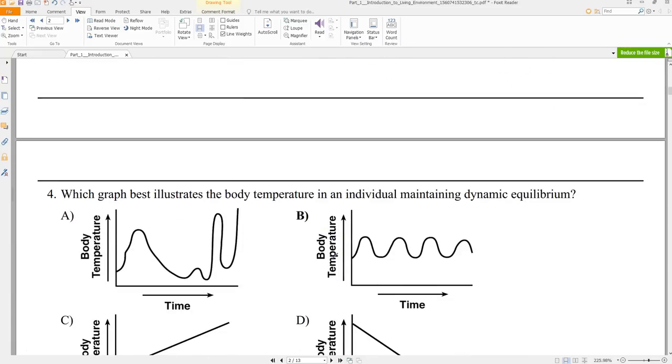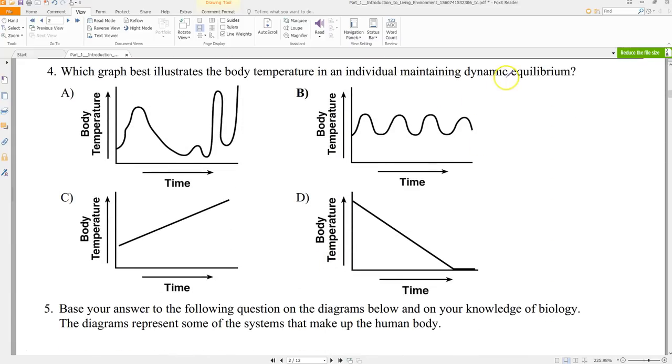Let's keep going. Okay, this is about equilibrium. Do you remember the word for equilibrium? What life process has to happen to all living things? All living things must be at homeostasis, balanced. It can also be called equilibrium.